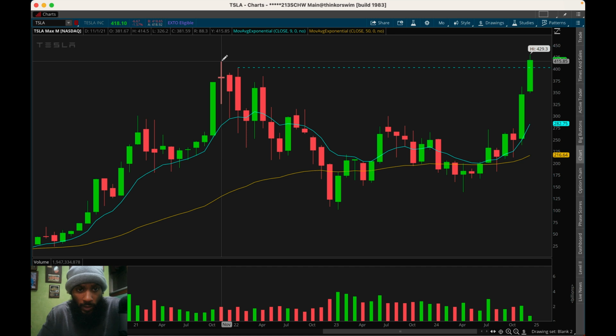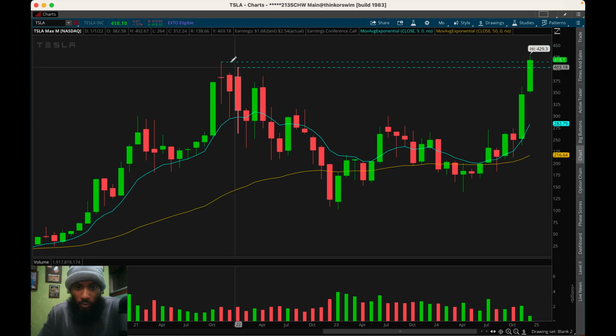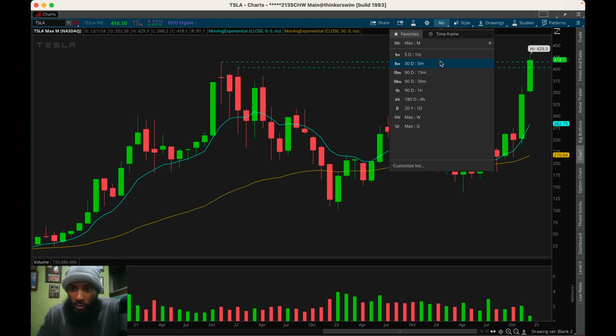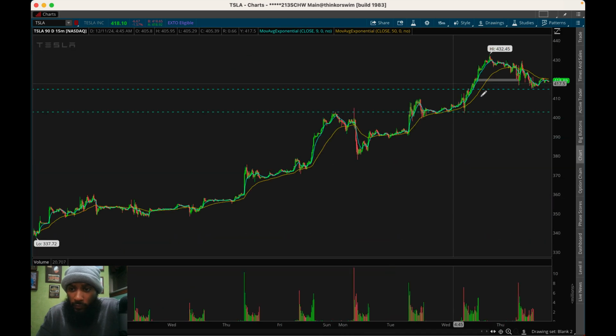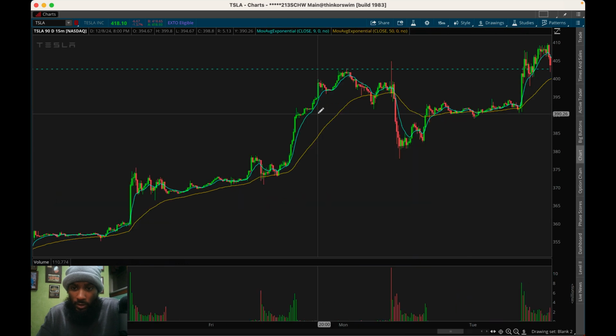So the high of all time was 414.50, so I pretty much drew that as well, 414.50. And those are just two levels that are simply drawn from using these highs on the 1 month chart. So going back down to the 15, you can see these levels.